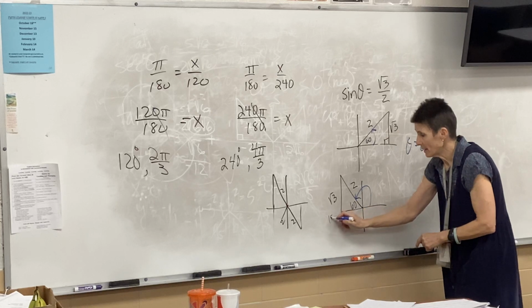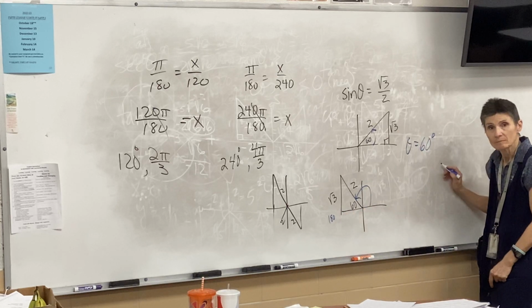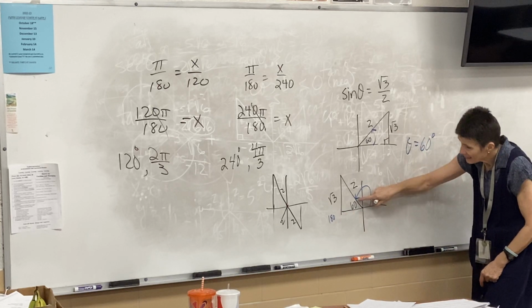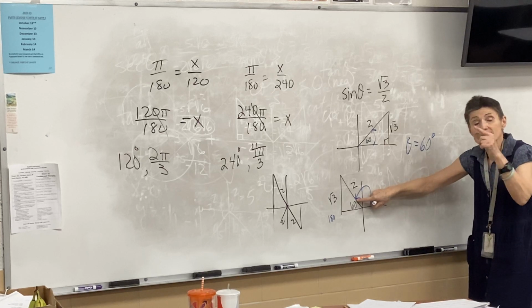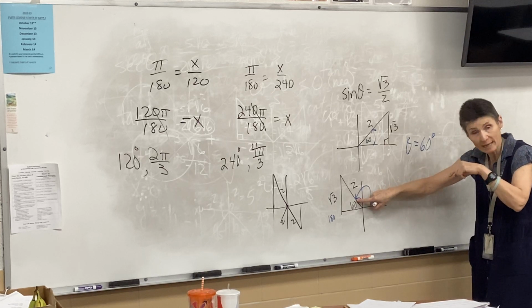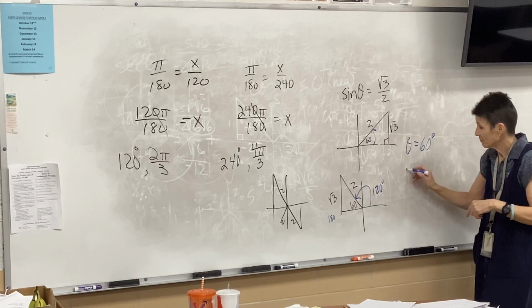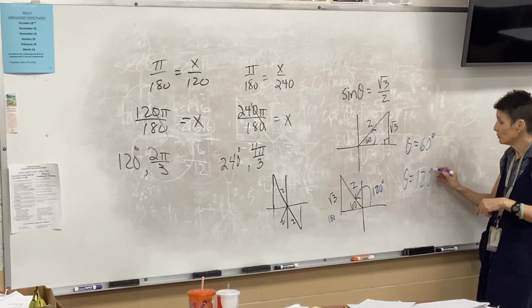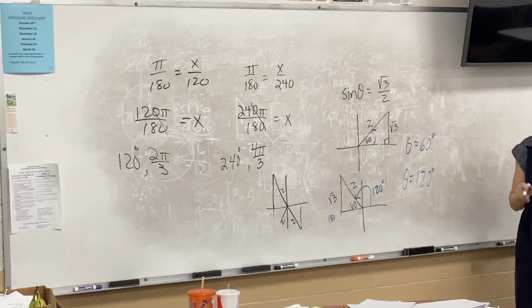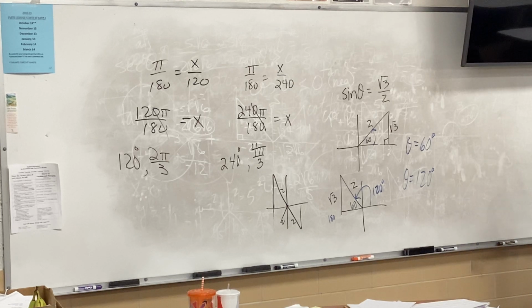Remembering that this is 180, but I stopped here, which is 60 before I got to 180. So that angle is 120 again. So your two answers in degrees are 60 and 120.